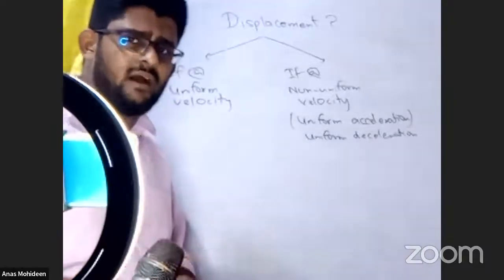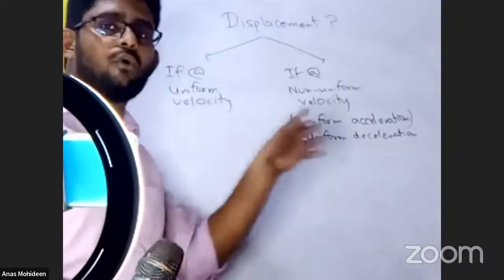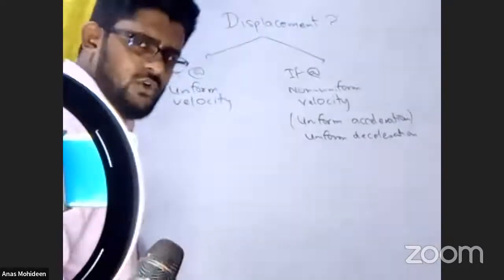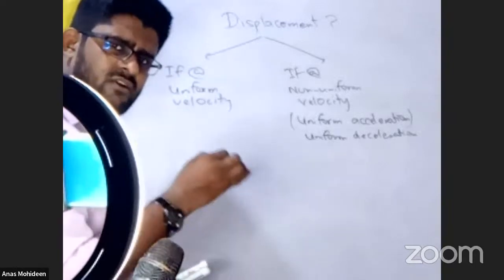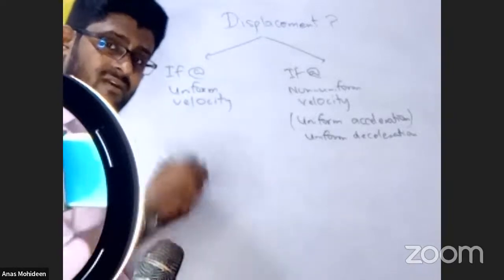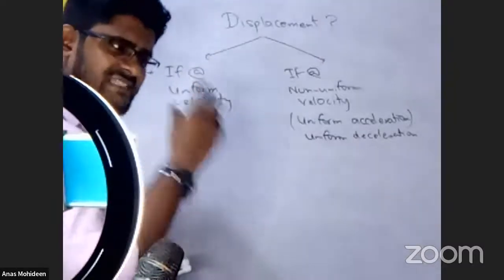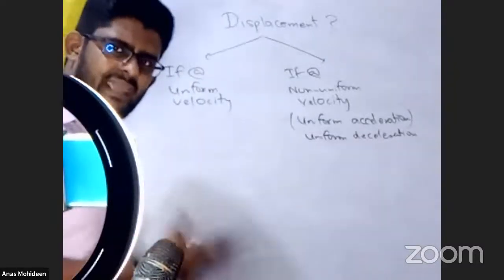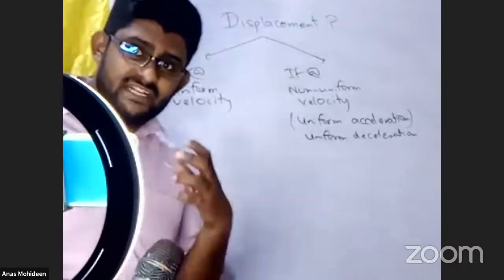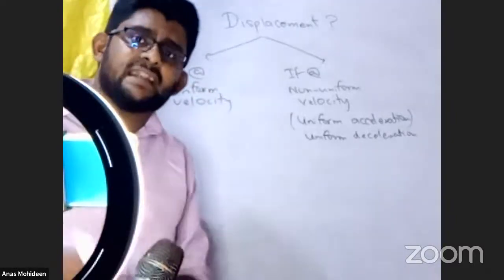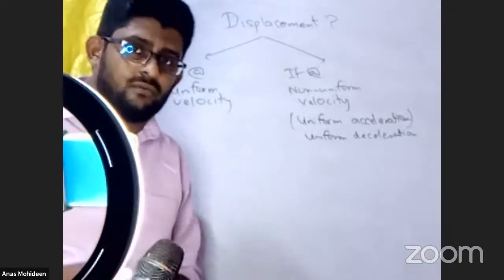Then how do we find out displacement using both these motions? If the object is moving at the same velocity, it means that each and every second the object moves with the same constant, unchanging velocity. So let's say if the velocity is 10 m s^-1, 10 meters per second, it indicates that every second it moves at 10 m s^-1. That is called uniform velocity.